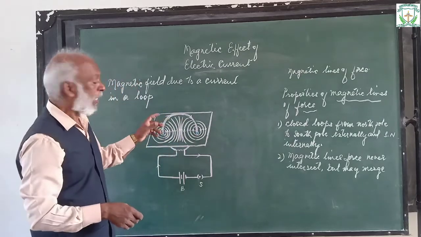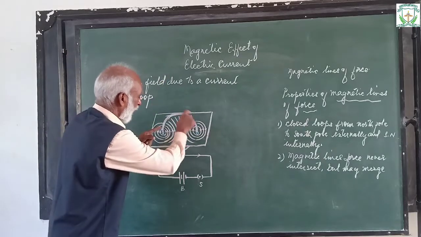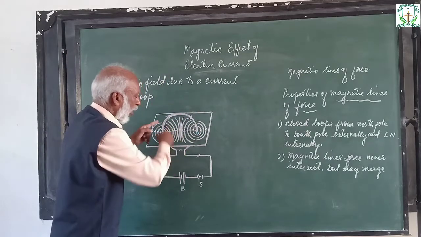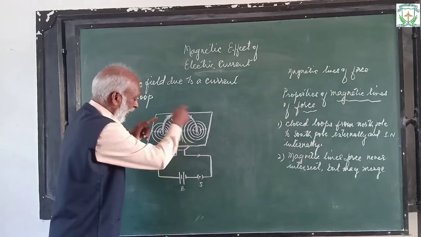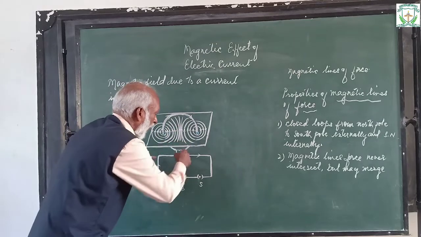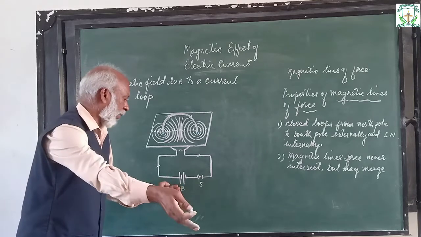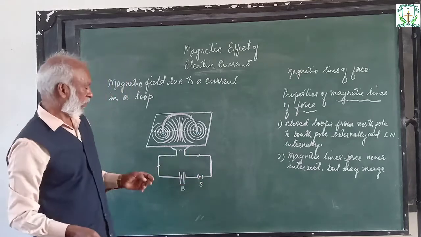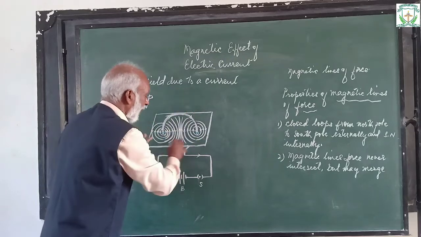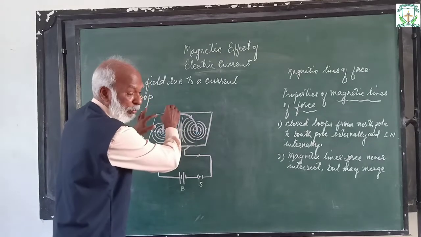The loop consists of many turns. This is the loop, okay? In the figure it's not possible to show so many turns. And the ends of the loop are connected to a battery or a battery eliminator and a switch. So this is the simple experimental setup.